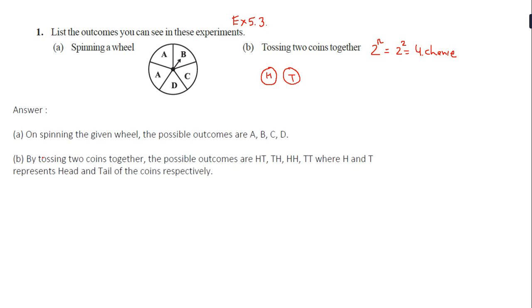By tossing two coins, the possible outcomes. If there are 3 coins instead of 2, then we write 2 to the power 3, so we get 8 chances. Here we have to get 4 chances.